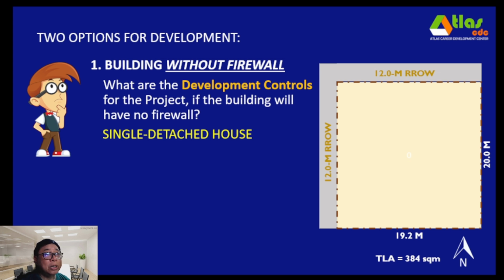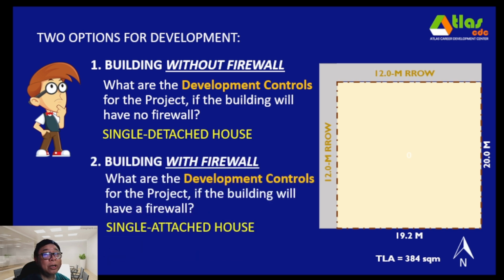So we are going to ask what are the development controls for the project if the building will have no firewall, and that will be a single detached house. On the other hand, another option is to have a building with firewall, and so we are going to compute for the development controls for the project if the building will have a firewall, and that means it will be a single attached house.